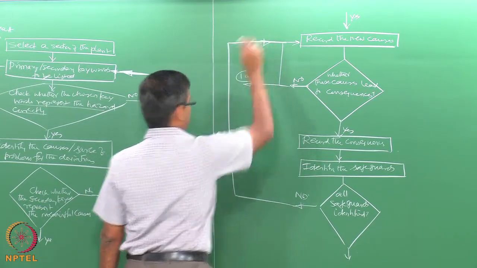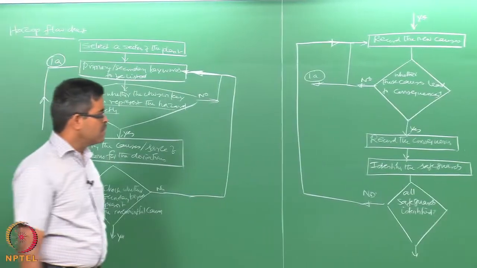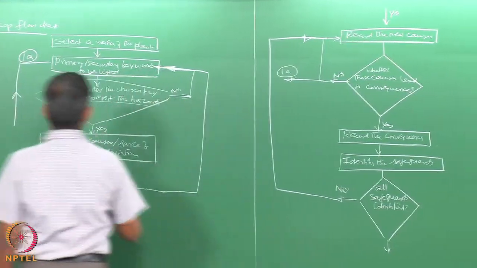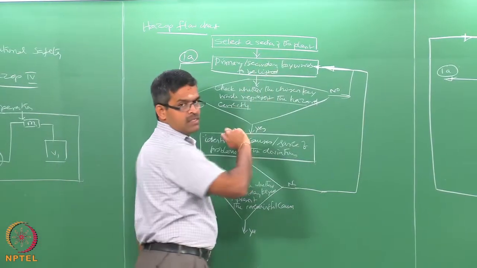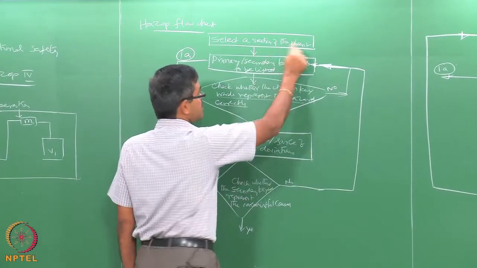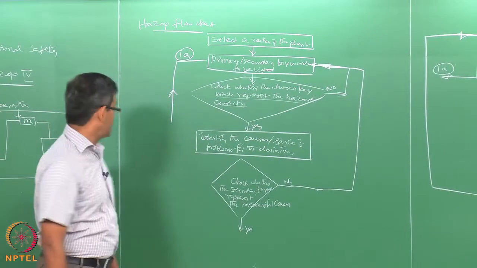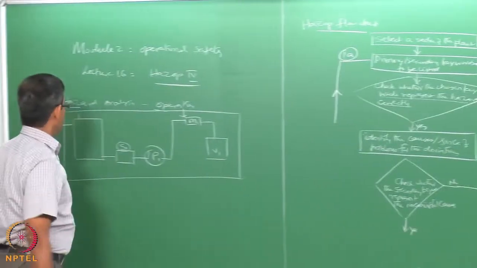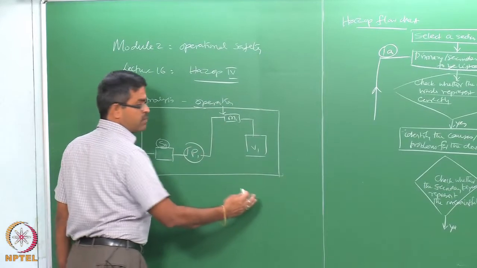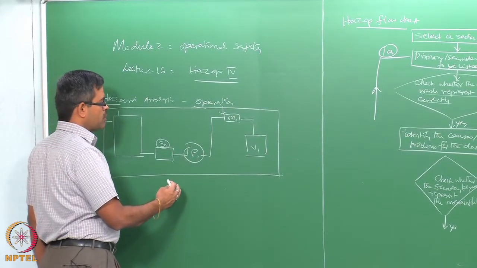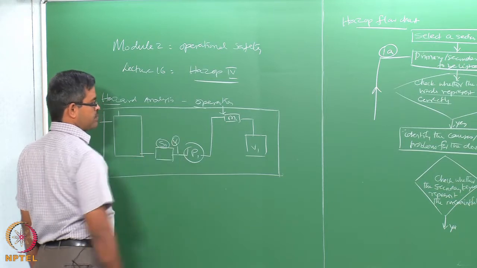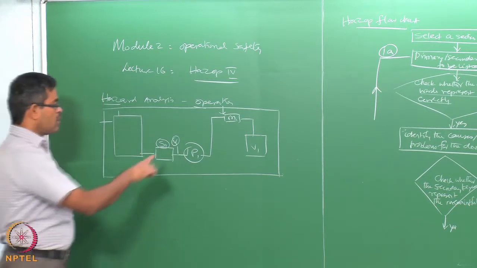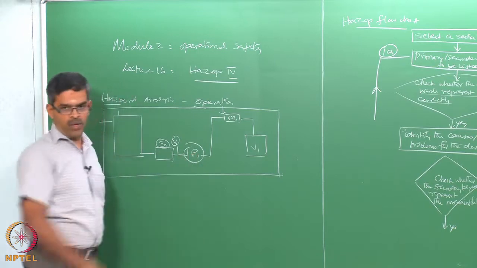Why? Because you are choosing only a certain section of the plant. The safeguards may not be present within the chosen section of the plant. For example, in this case, there may be a safeguard for the spurious closure of the valve V1, which is going to cause dry run of the pump P1.